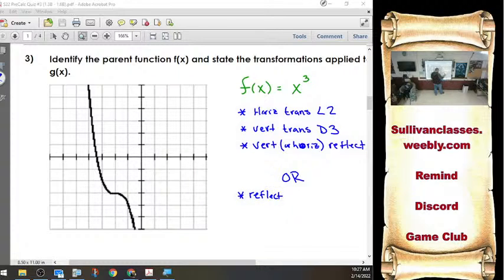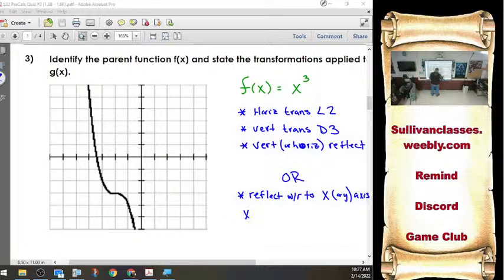I can get real proper, tip the hat, and say reflect with respect to the x or y axis. Again, this one is x or y axis specifically because it was an odd function, which means a vertical reflection results in the same thing as a horizontal reflection.